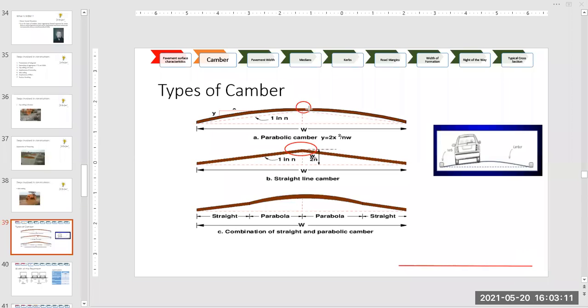If you want to construct a road like this, is anyone interested in drawing how a road should come? Who is ready to draw a road for me right now? Anyone interested to draw how the road is to be constructed?